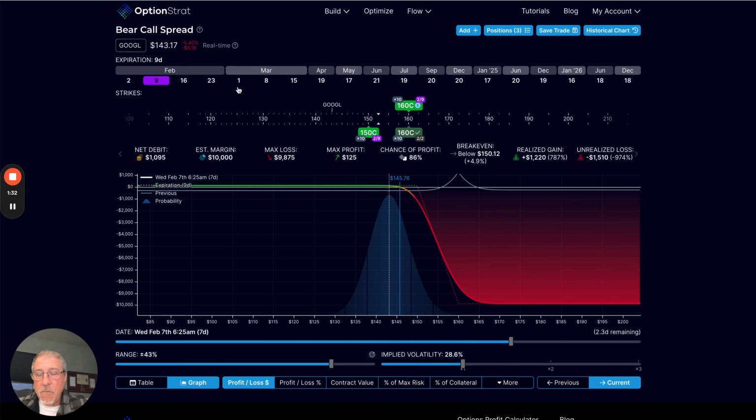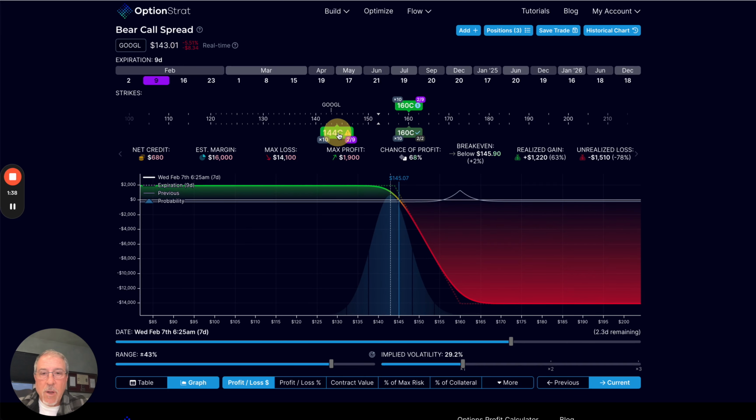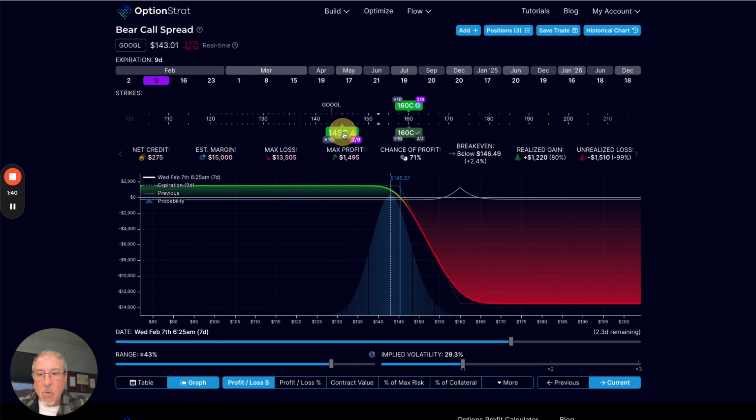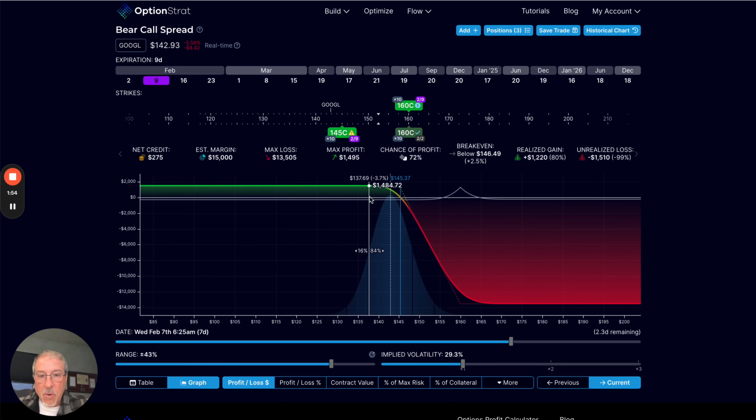We're trading at 143. So if this were to run back up to, let's say, the 145 range or so, 144 range, I could potentially sell this call for decent money, $1.82, somewhere in that general range. That would then give me a significant amount of potential profitability.